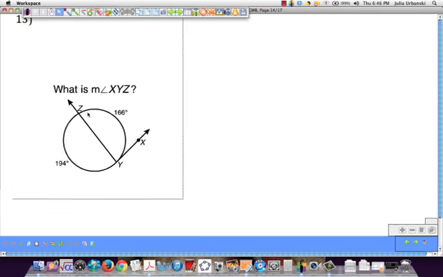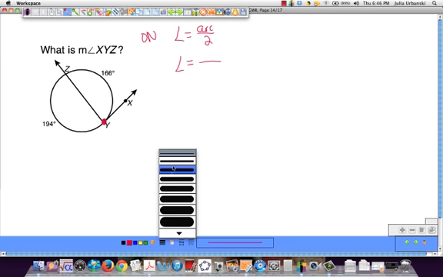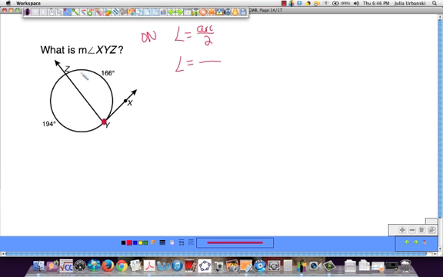Number 13, find the measure of angle XYZ. The angle is right here. When it's on the circle, the angle equals the arc cut in half. So the angle is the unknown, that's what I want. The arc, though, is what I know. The arc is the piece of the circle that is inside that angle, the angle that you're looking at.